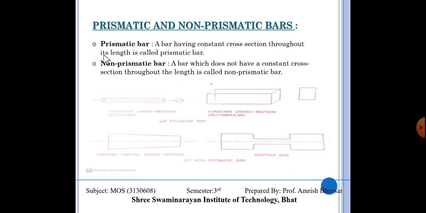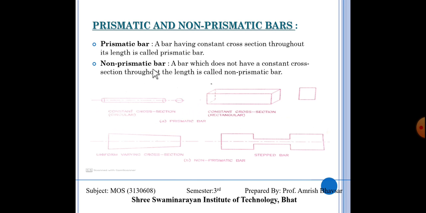Now the most important thing, that is prismatic and non-prismatic bars. So what is a prismatic bar? A bar having a constant cross section through its length is called a prismatic bar. Means throughout the length its cross sectional dimensions are the same.